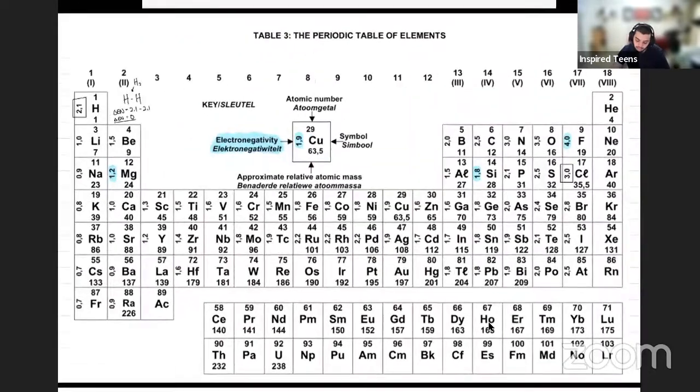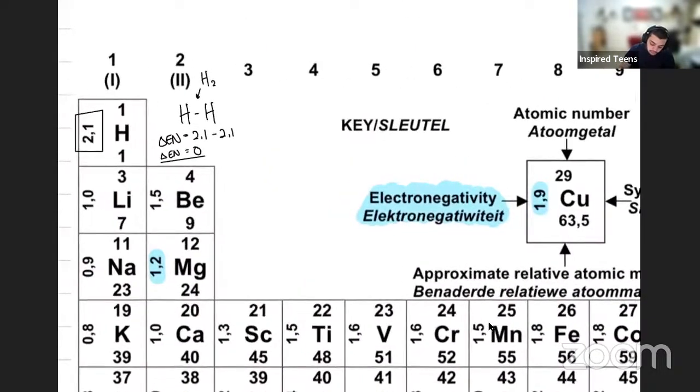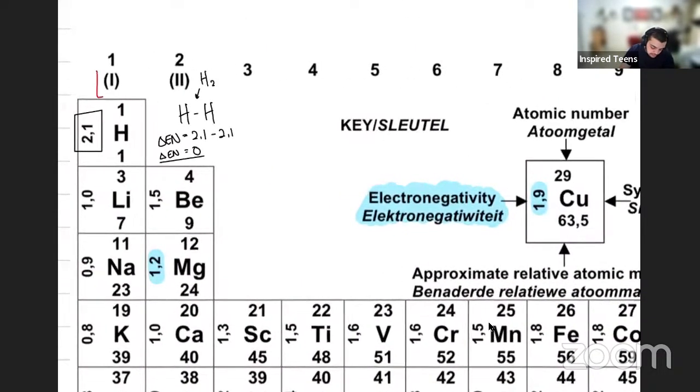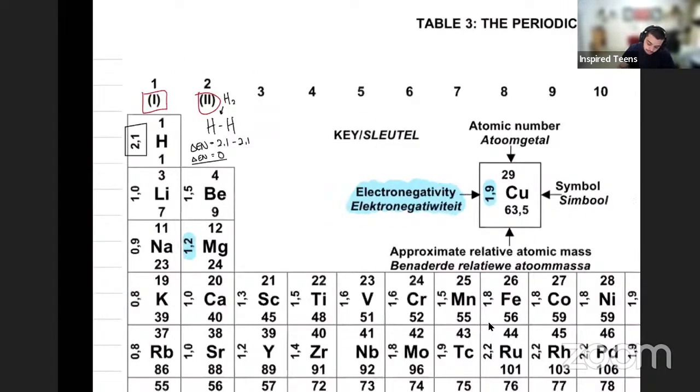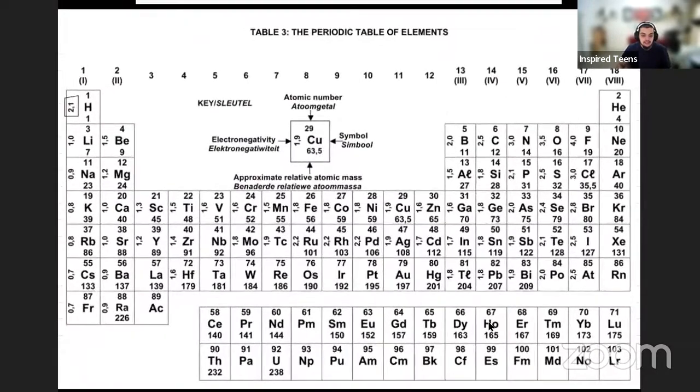Remember, we can determine that from the periodic table using the Roman numeral group numbers. So here's 1, here's 2, here's 3, 4, 5, 6, 7, and that tells us the amount of valence electrons that each element in the periodic table has.